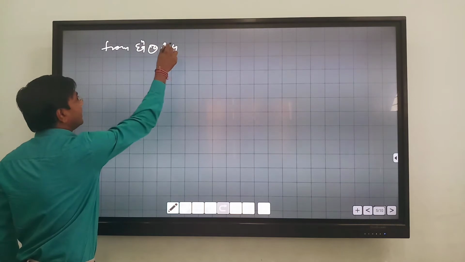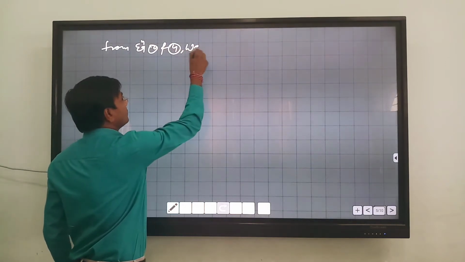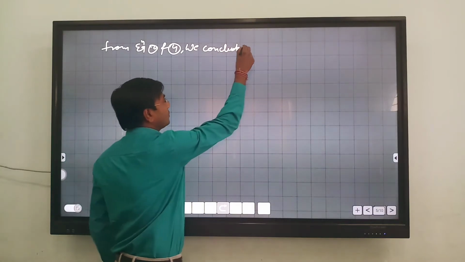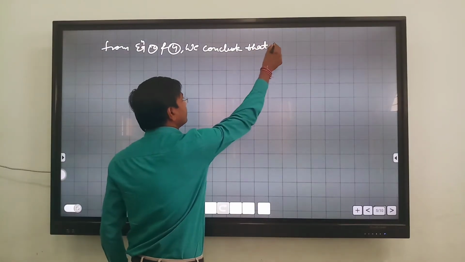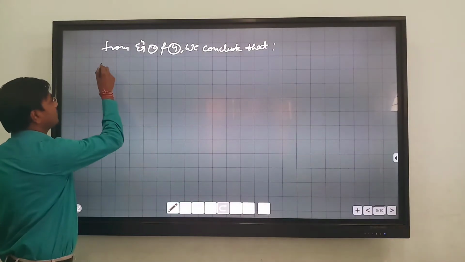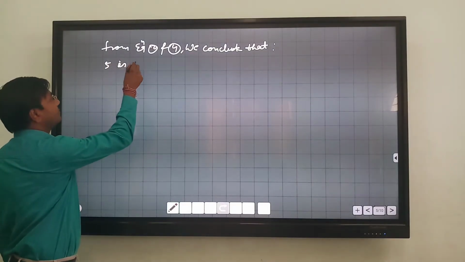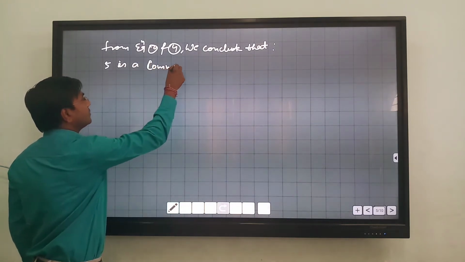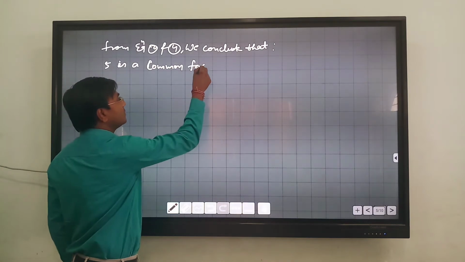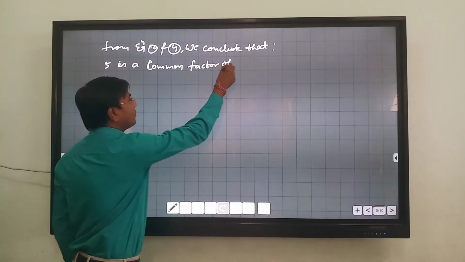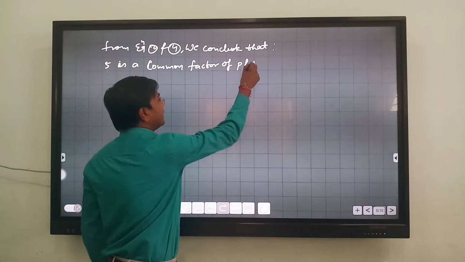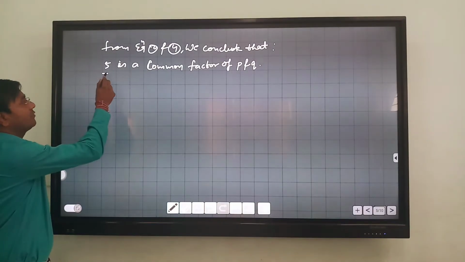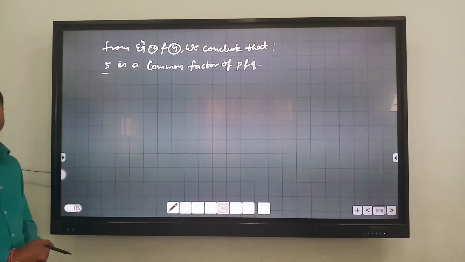From equation second and 4, we conclude that 5 is a common factor of p and q. So we have concluded that 5 is a common factor of p and q.